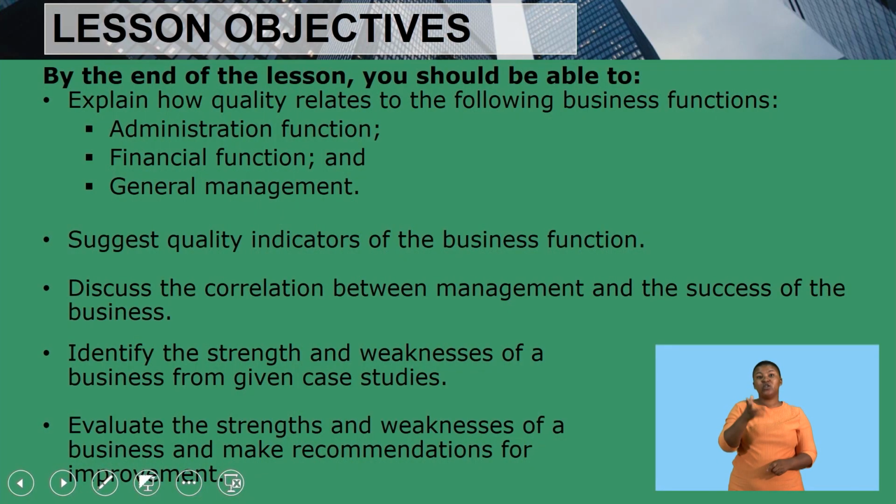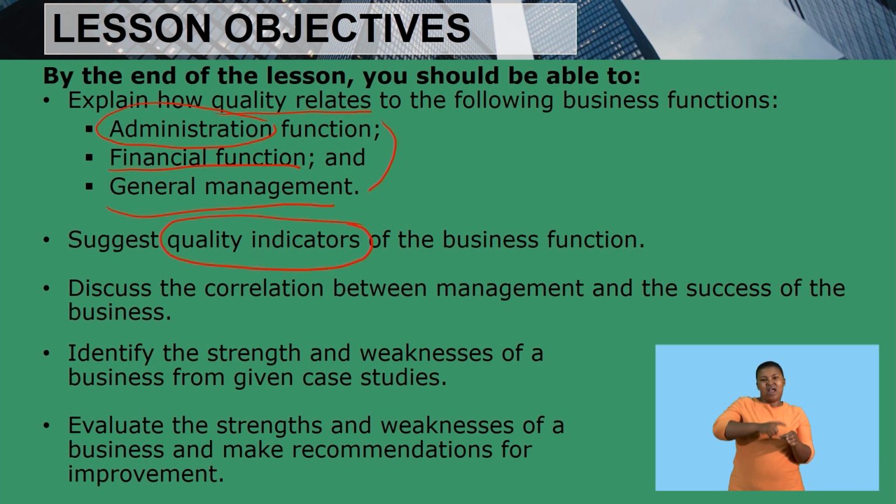So let's take a look at our lesson objectives for today. We are going to have a look at quality, but specifically quality relating to these three business functions. We are going to focus on the administration function, our financial function, and then our general management function. So we are specifically going to look at those three functions and of course the quality indicators of those three business functions.